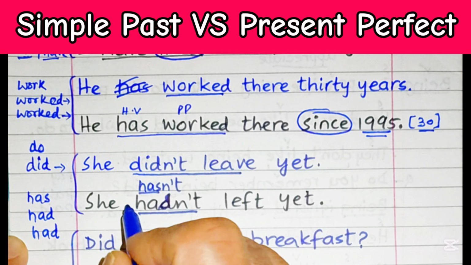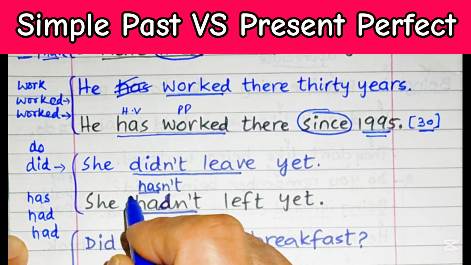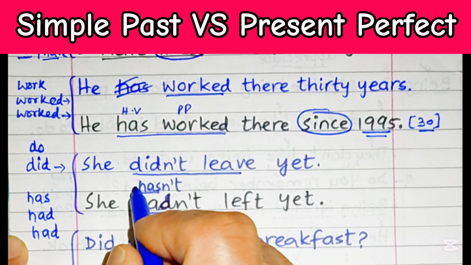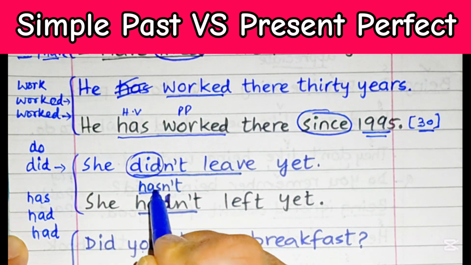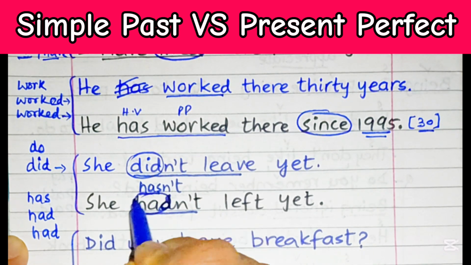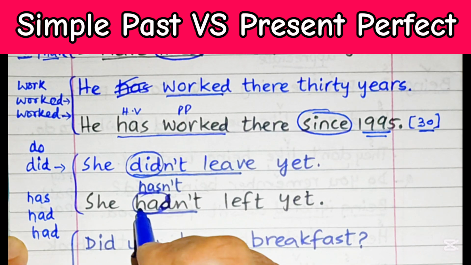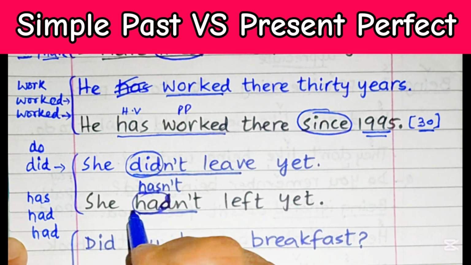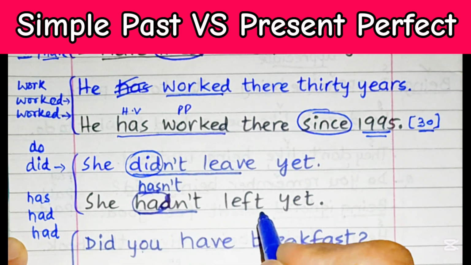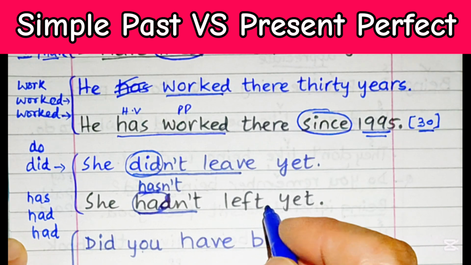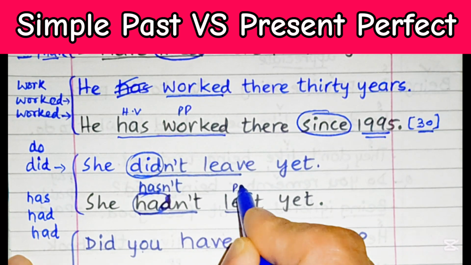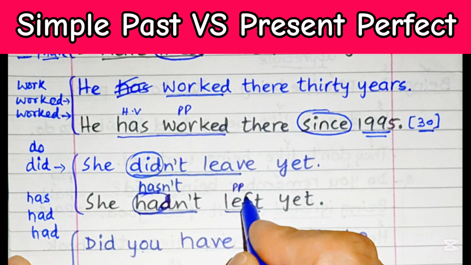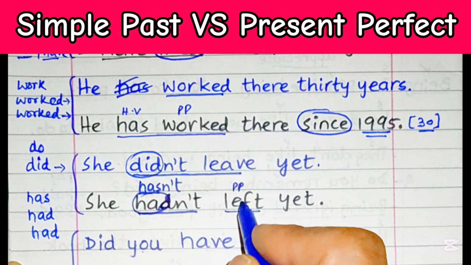For both of these, there is a bit of difference. Over here, this is the helping verb did, and right here, the verb has is going to be the helping verb. She hasn't left yet. And over here, the main verb is in past participle form: leave, left, left.